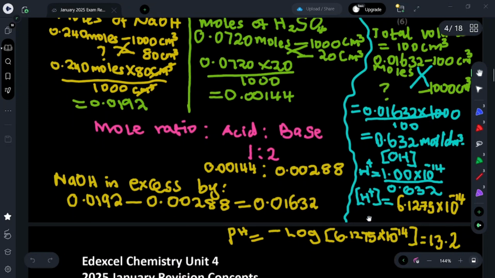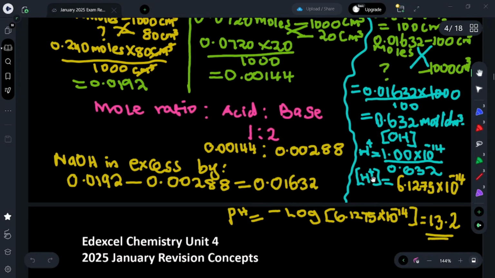We get the concentration of the hydrogen ions as 6.1275 times 10 to the power negative 14. And since we know the formula for pH, pH is supposed to be negative the logarithm of the concentration of hydrogen ion, which we get as 13.2. That is the pH of the solution or of the mixture that we have.